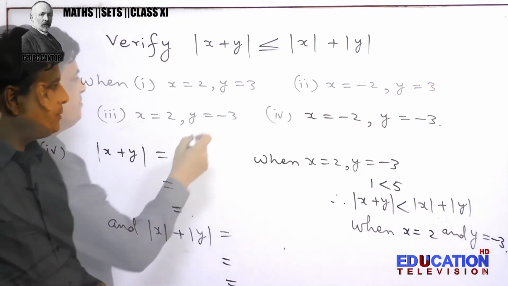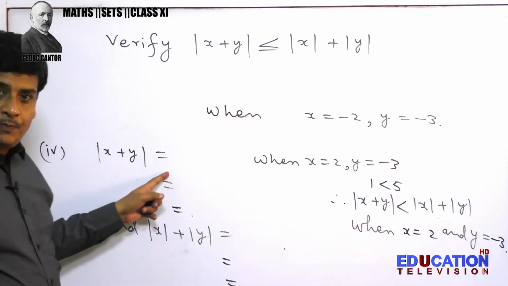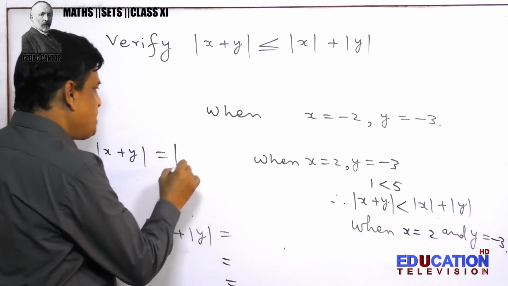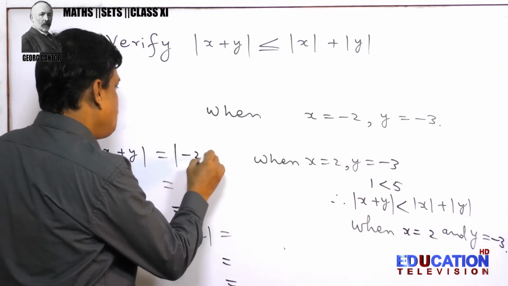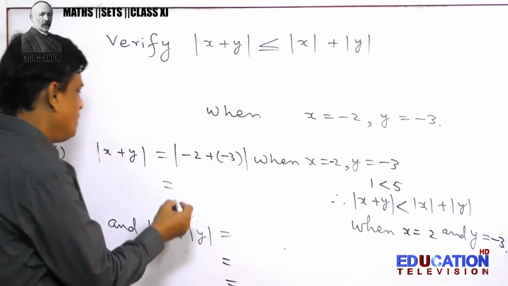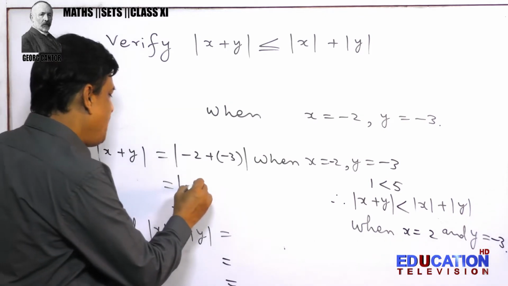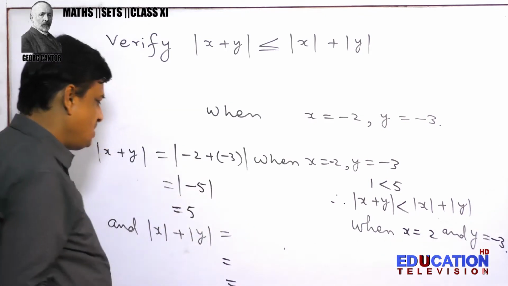In the fourth case, modulus x plus y is equal to modulus of minus 2 plus minus 3 when x is minus 2 and y is minus 3. So modulus of minus 5 is equal to 5.